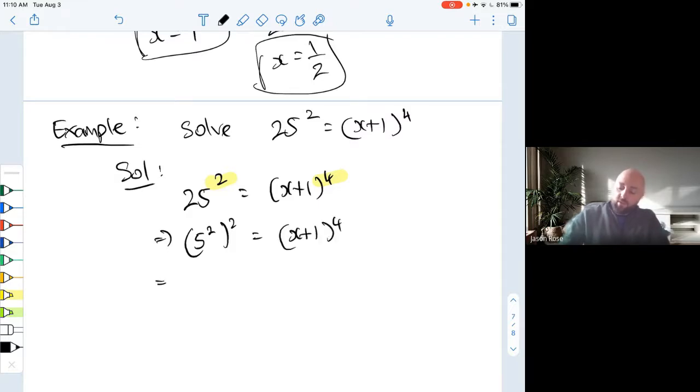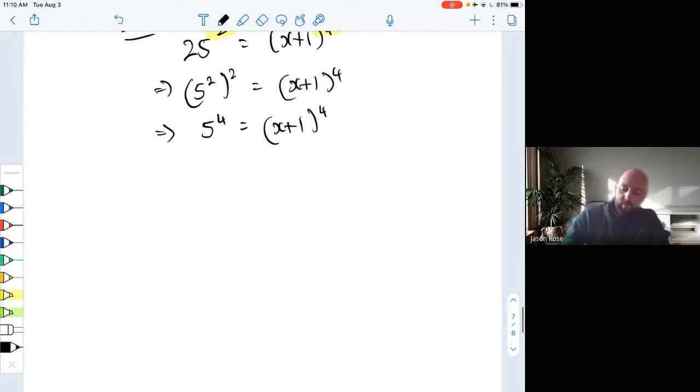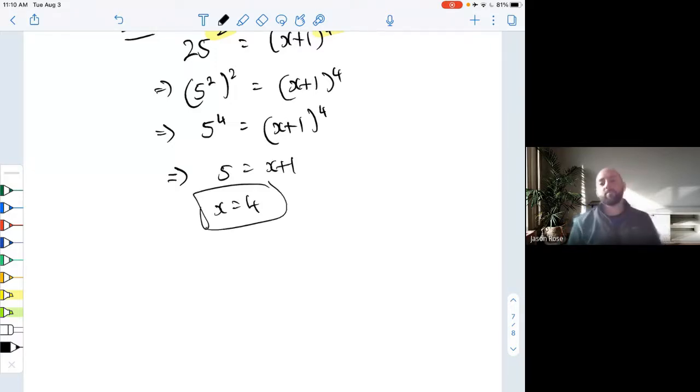And by changing that to a 5 squared, I can use that property that says when I have a power of a power, I multiply them. So it's going to be 5 to the power of 4 equals x plus 1 to the power of 4. And then 5 is equal to x plus 1. So x equals 4. And this one is solved as well.